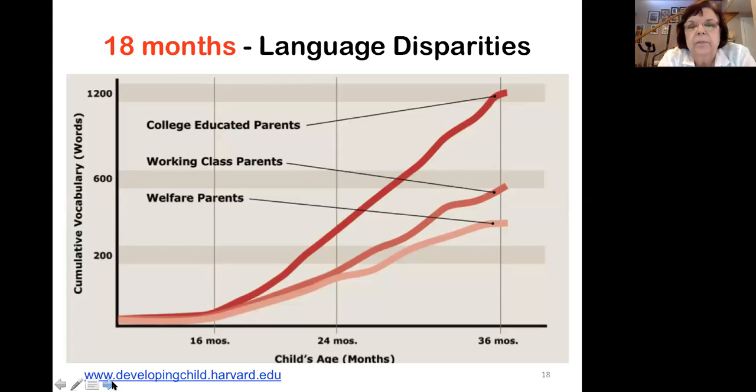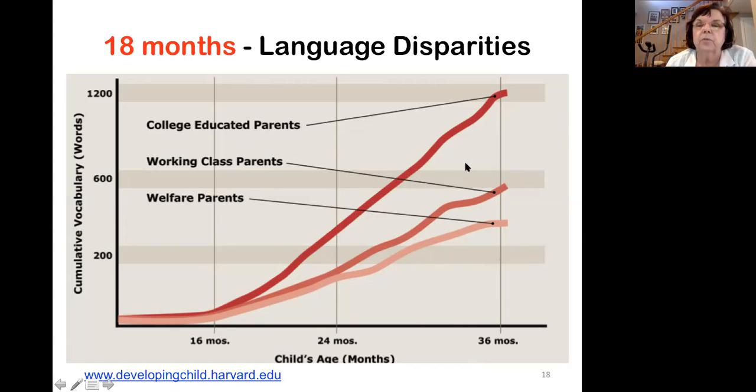18 months. This is when the language disparities begin to emerge, and if no intervention happens and this is sustained, then these children are going to start school at a serious disadvantage. And so the children of college-educated parents are going to carry on, whereas if there is no intervention, we don't increase the language, then things may be set for those children.